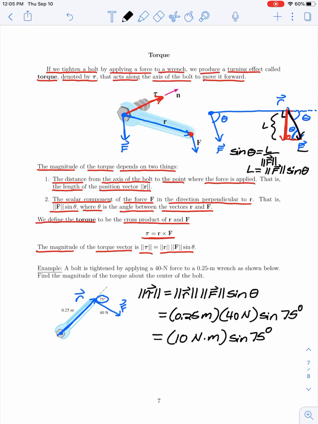Now 75 degrees isn't a particularly nice angle from which we could get an exact value using the unit circle, but if we make use of a calculator, we find that this is 9.66 Newton meters, or if you prefer, since Newton meters we could also refer to as joules, here we would have the magnitude of this torque vector as approximately 9.66 joules.